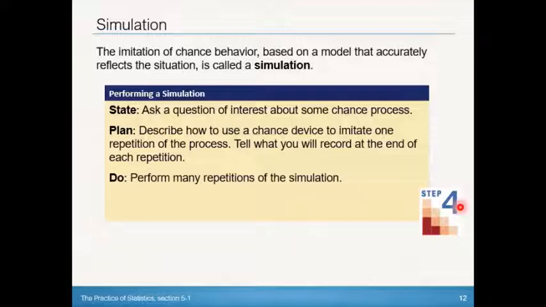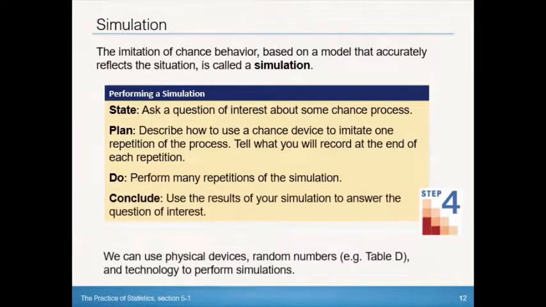And then we'll actually do the simulation, and more is better, but sometimes we'll do 20 or 30. In the real world, we'll do 100 or 1,000, but for the process of doing it for a problem, we'll probably limit it to 10, 20, 30 simulations.